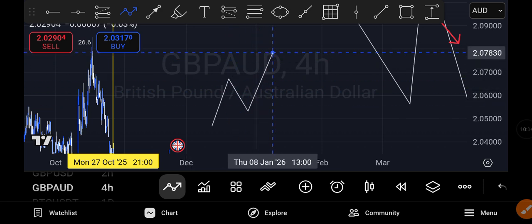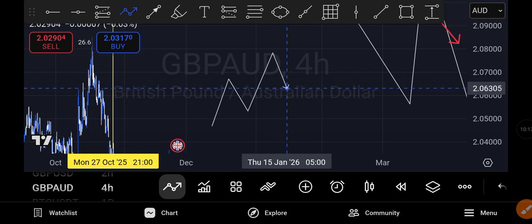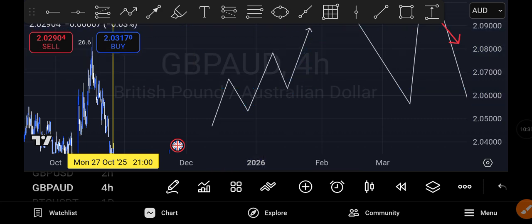This little move like this on the lower time frame is a downtrend, but on the higher time frame it's just a pullback. Okay, so that's what you need to understand, because the daily is bearish, but looking at 4 hours it is bullish. Okay, it's an uptrend on the 4 hours.